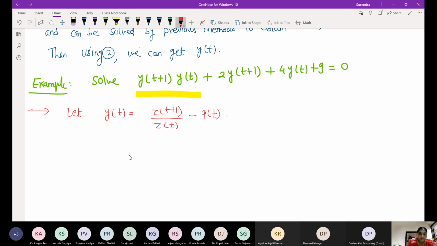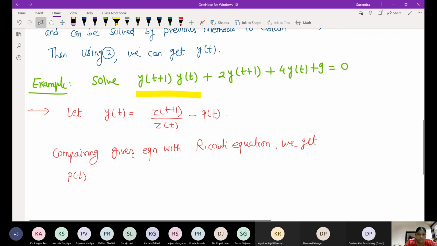If I compare the given equation with the Riccati type equation, what is p of t?